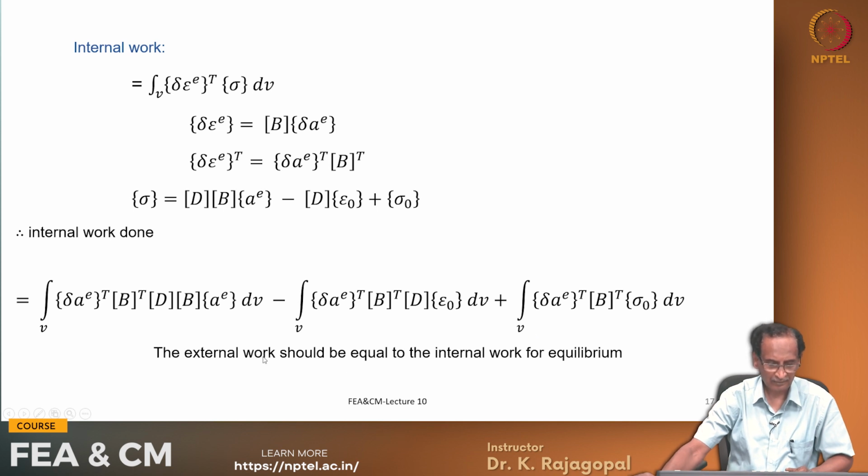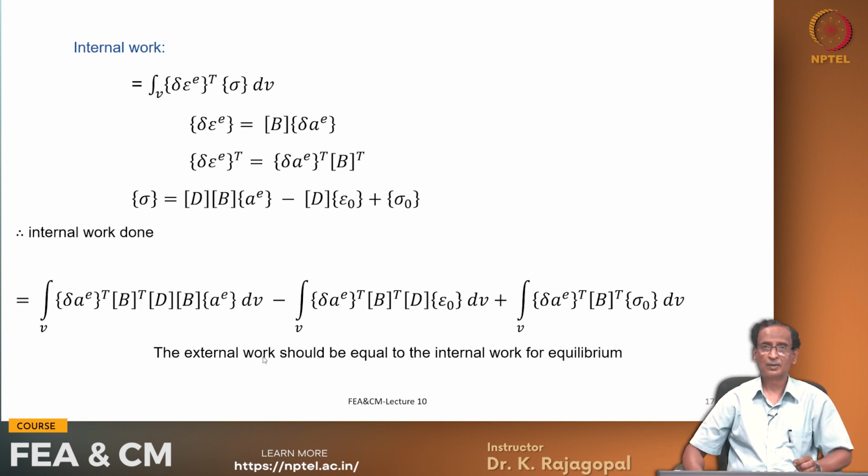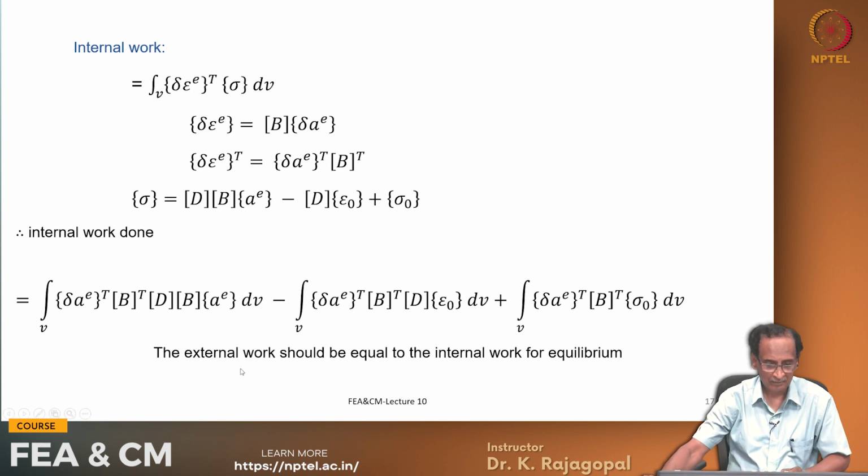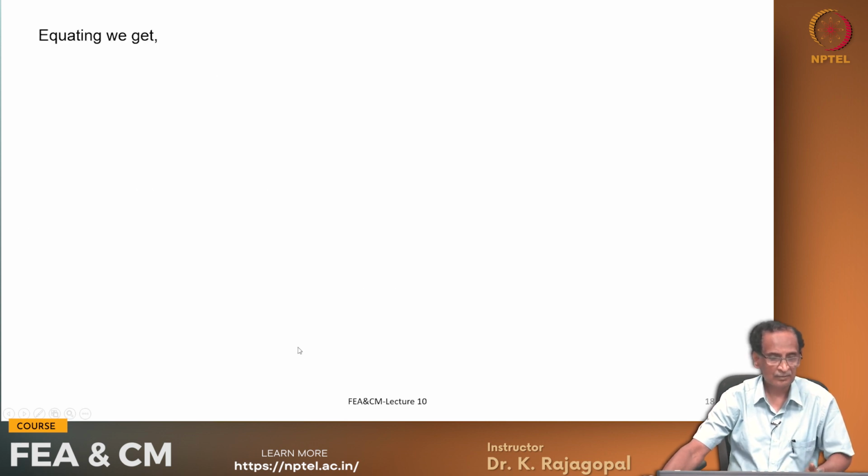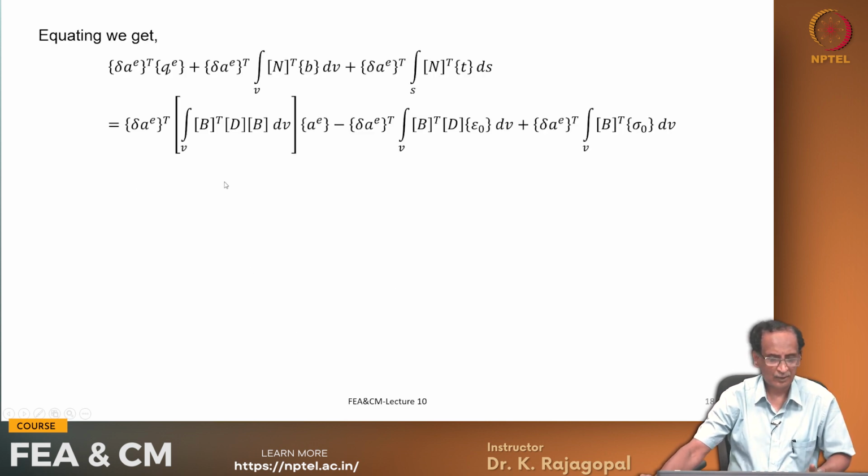And by the virtual work principle, the work done by the external forces should be exactly equal to the internal work done, okay. So, equating these two, we get this equality. This is the external work done that we have calculated earlier, and this is equal to the internal work done.